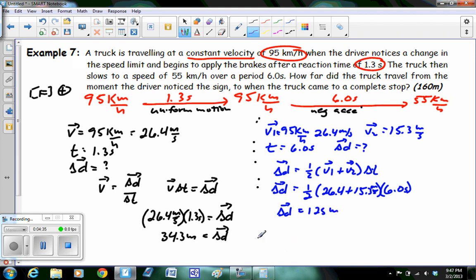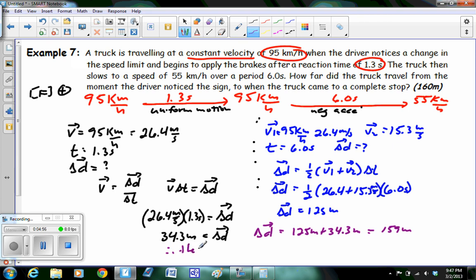So overall, displacement is going to be 125 meters forward plus 34.3 meters. This is 159. You don't need your calculators for this one, folks. And have a little therefore statement.